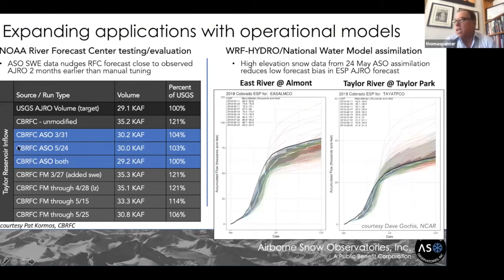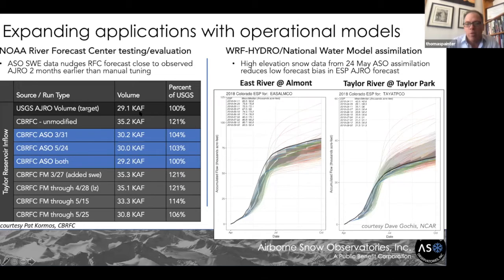Then we're also working with the river forecast centers with the National Weather Service. In particular, we've been working with the Colorado Basin River Forecast Center, just because we've been working with them for many years on some of the multispectral data as well from satellite. And this is on the Taylor stretch in the Gunnison.